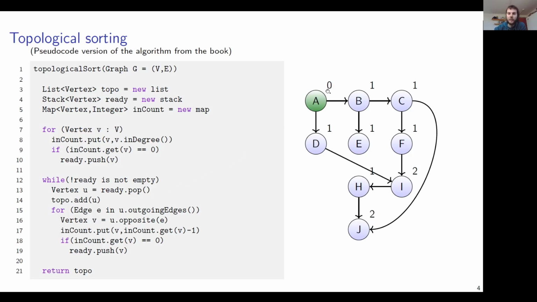In this case, we pop A from the stack. We add A to the list. We know it can be first because there are no prerequisites, right? And then for each of the outgoing edges, we decrease the in degree in the map that we used by 1.